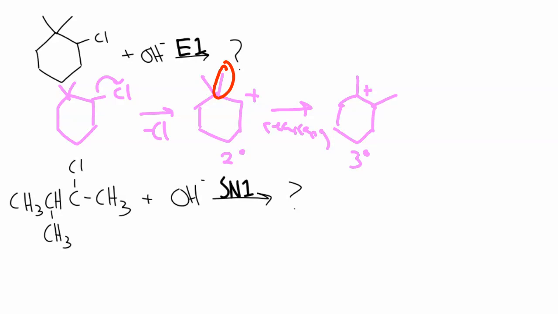So now I went from a secondary to a tertiary carbocation, which is more stable. Does that make sense? Okay. So now my base can come in. Remember this carbon here has a hydrogen. So now my base is going to come in, take that hydrogen, break the bond, make the double bond.